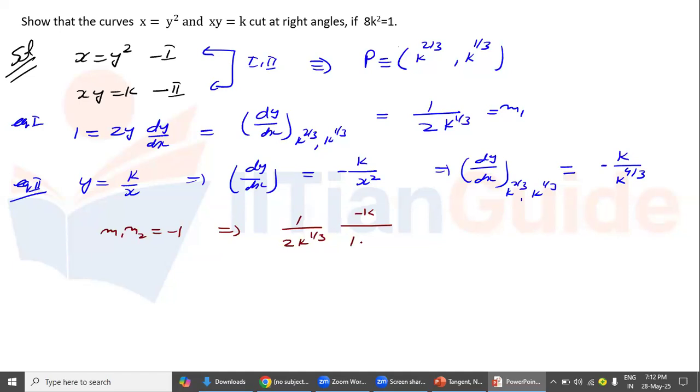So minus k divided by k power 4 by 3. That is 1. Am I right? No problem? So minus minus gets cancelled, and I am getting 2 times k power, how much? 2 by 3 to be 1. Am I right?